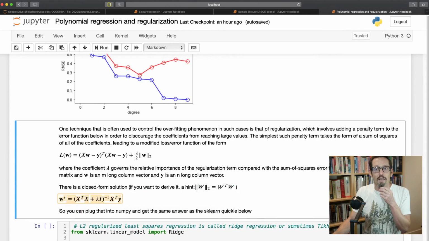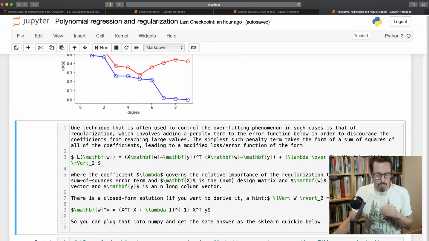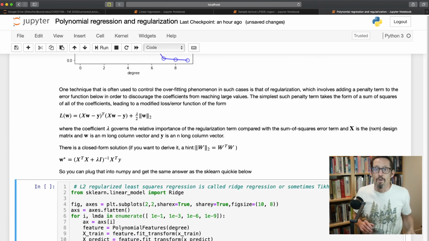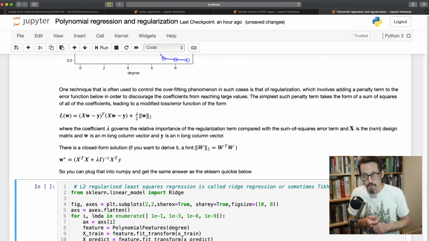And that lambda term, when that lambda term is a large value, a value close to 1, then we have a lot of squishing of the weights. Okay? When that lambda value is a very, very small number, then this whole right-hand thing disappears, and we just end up back in ordinary least squares, right?